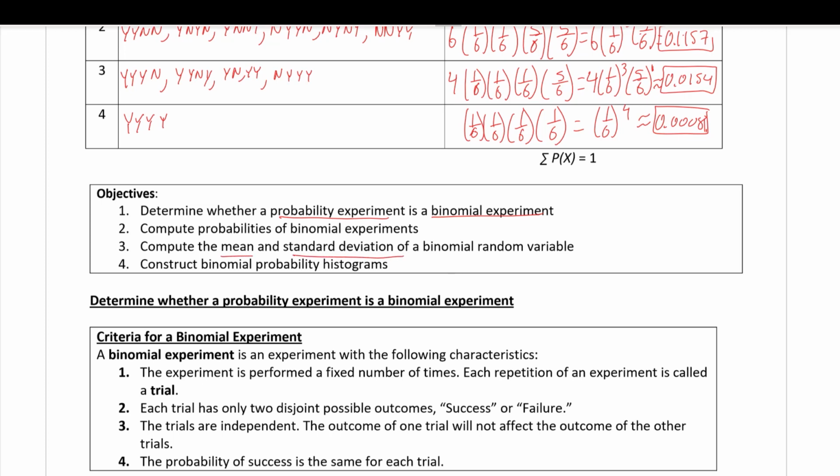This turns out to be very easy. If you identify something as a binomial, calculating the mean and the standard deviation is a very easy process, as we'll see. Otherwise, we would have to use the old-fashioned mean, which is the sum of x times probability of x, which could be tedious. But again, if we know something's binomial, it's actually a very quick process. And then construct binomial probability histograms.